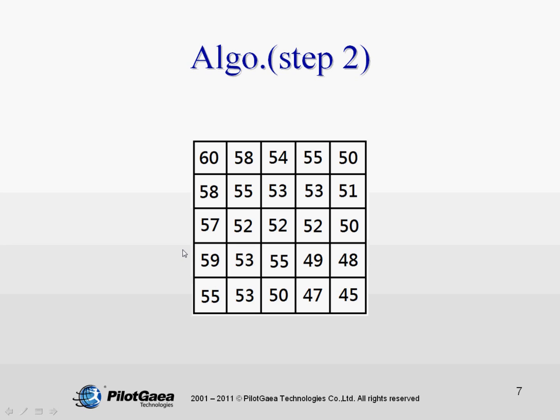For example, an area of 100 square meters is divided into a 5 multiplied by 5 grid matrix. Each grid stores the height value of the position.